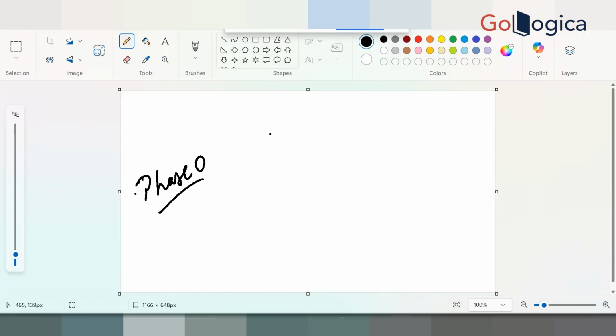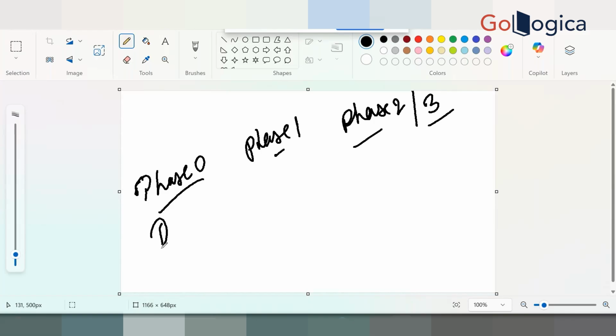Phase 0, phase 1, phase 2, and I think phase 2 and phase 3 are the last phases. Okay, so in phase 0, basically we are discovering something, requirement gathering.